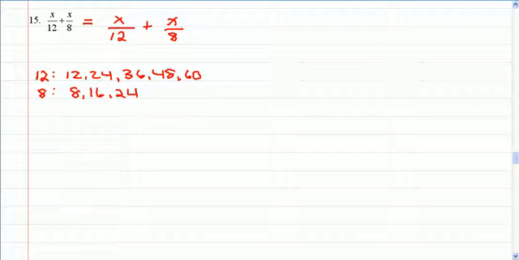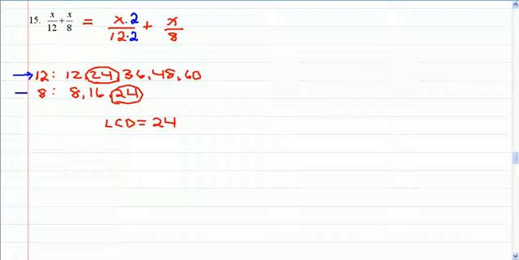And since I see a match at 24, I will stop my list and say that the least common denominator is equal to 24. And then on 12's list, 24 is the second number, so I multiply the numerator and denominator by 2. On 8's list, 24 is the third number, so I multiply the numerator and denominator by 3.